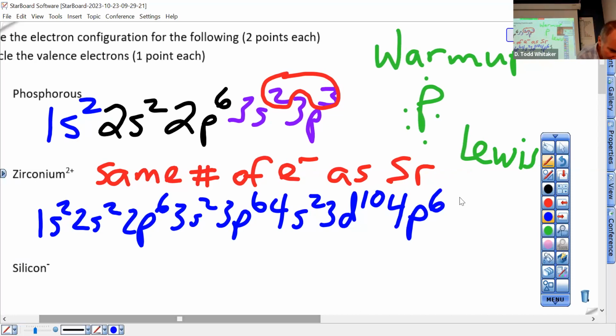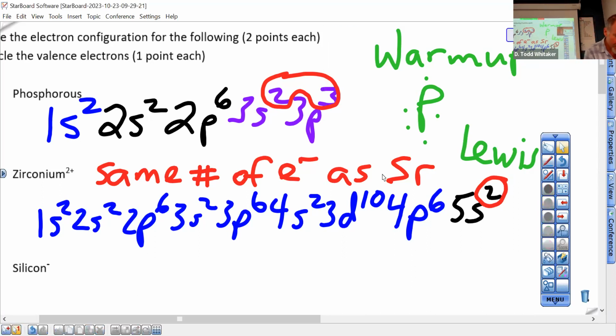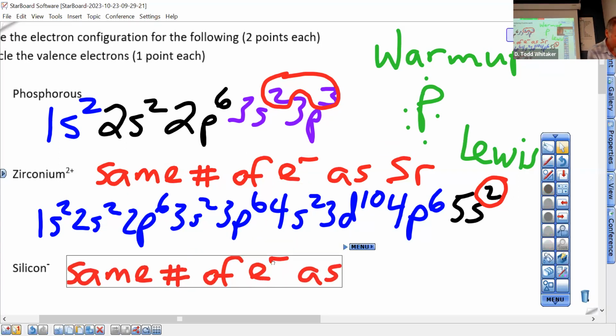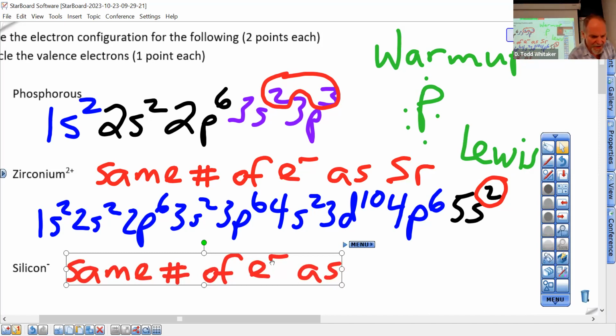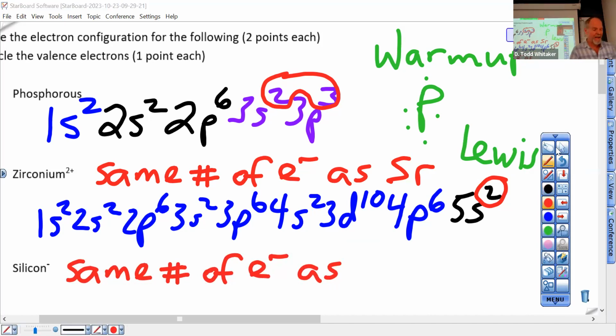How do you know those are the valence electrons? Yeah, that's the only 5 in front of anything, right? Okay. So what do we have here? Oh, I like that I could copy that. Answer that question. Same number of electrons for silicon negative as P. This is a coincidence, everybody.